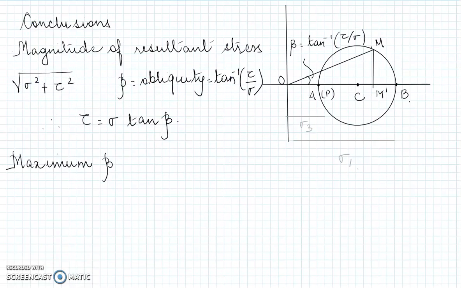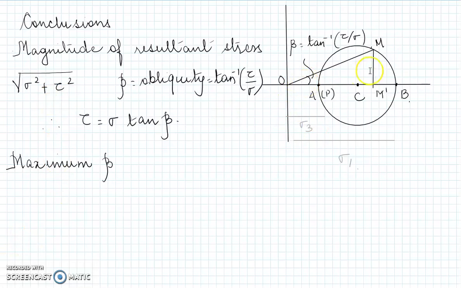Now there are certain conclusions that can be drawn from Mohr's circle. If you look at this particular figure which is on the screen, this is just an extension of the same figure which we had drawn before. I have just connected N to O now directly, origin. So if I have to find the magnitude of resultant stress, how will I get it? It is given by under root of sigma squared plus tau squared.